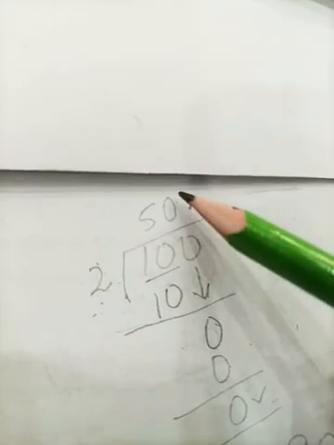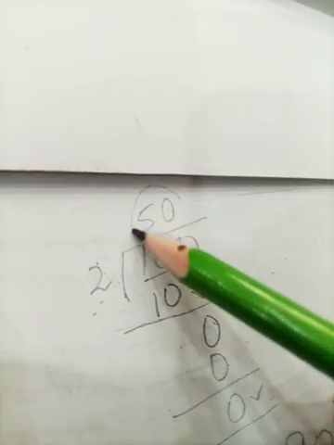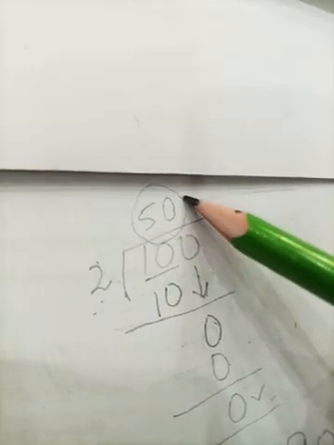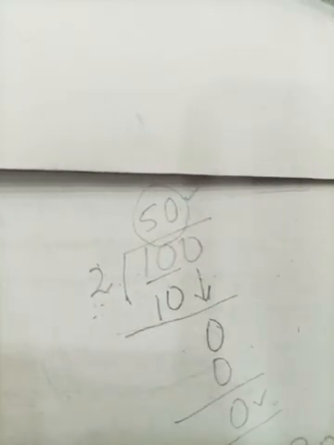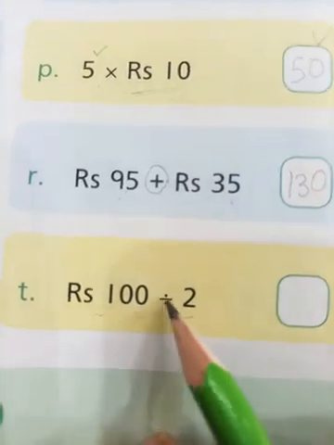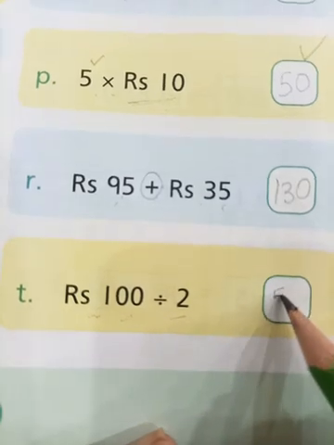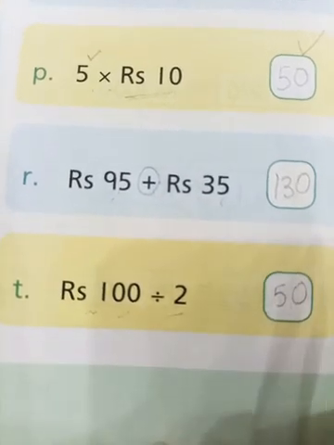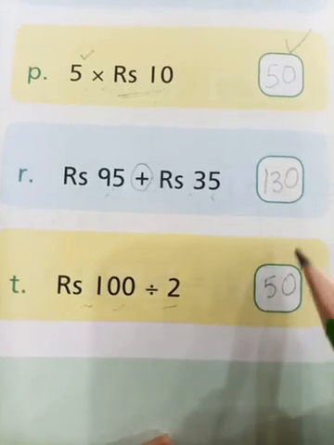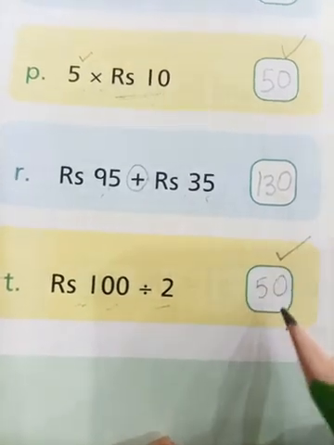Now how many rupees will each of your siblings have? Each sibling will have 50 rupees. 100 divided by 2, and our answer is 50. Look at this students, this 50 is our required answer. So I am going to mark the tick for this sum.